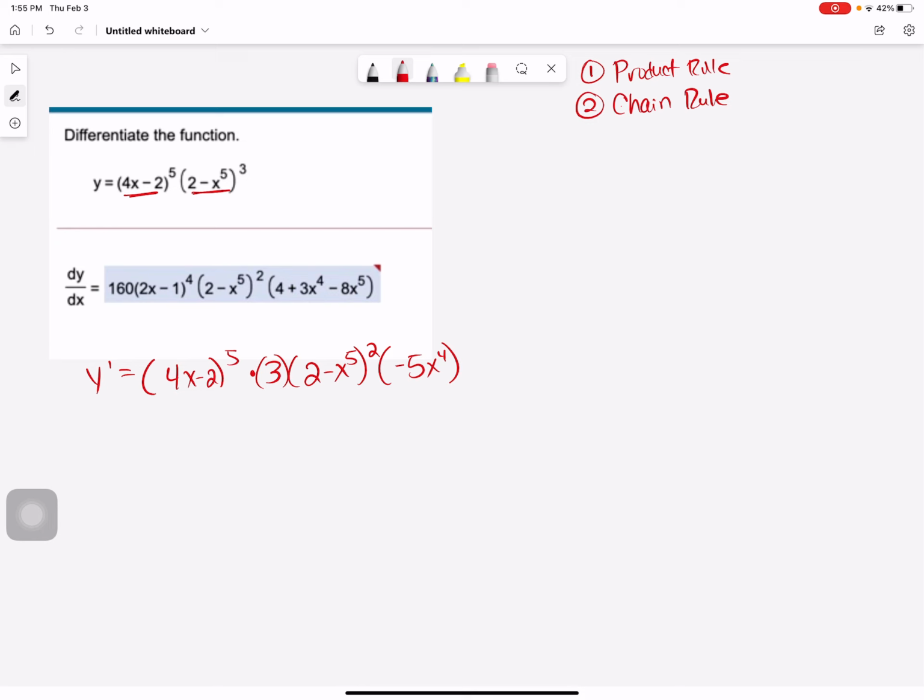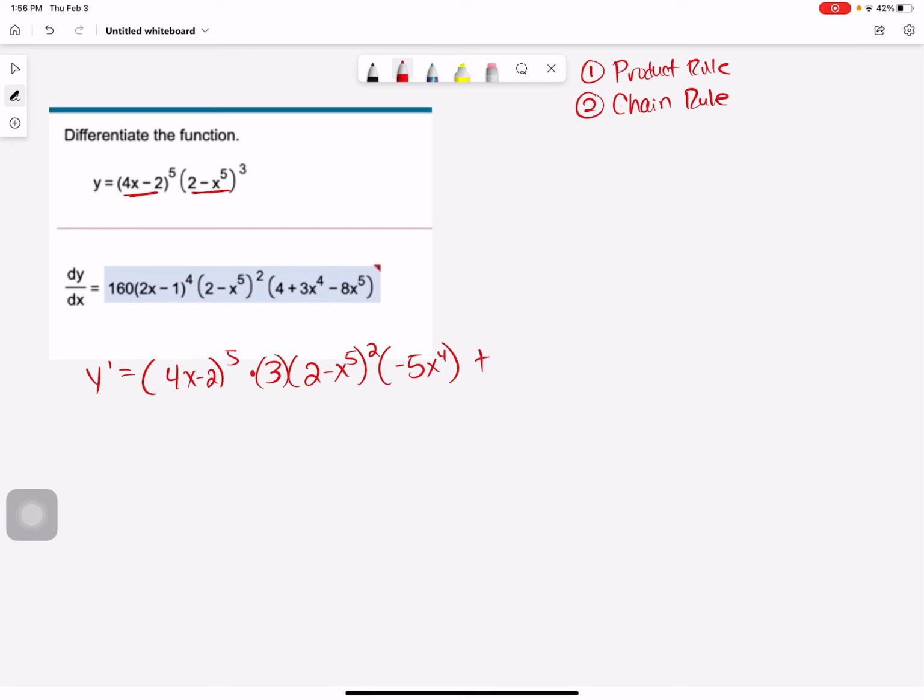Plus the second expression, which is 2 minus x to the 5th power raised to the 3rd power, times the derivative of the first. So we're going to bring that 5 out front, leave the inside expression the same, subtract 1 from that exponent, and then multiply times the derivative of the inside of that expression.